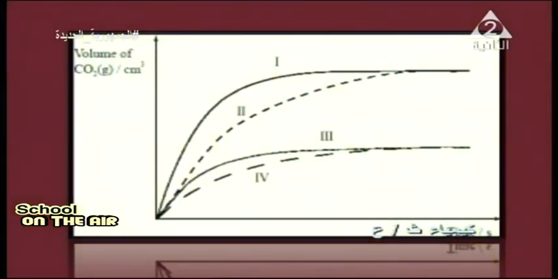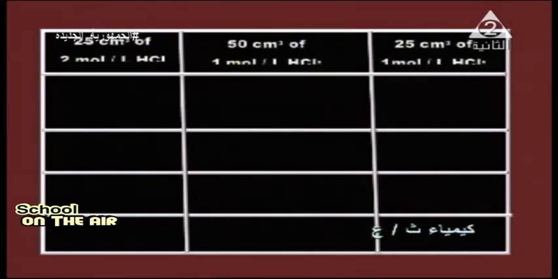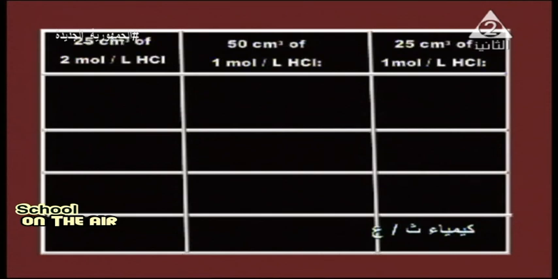Here, this is the graph of the carbon dioxide formed, and you have to look at the table below to choose which one will be correct. As shown in the table: 25 milliliters of 2 molar HCl, 50 cubic centimeters of 1 molar HCl, 25 cubic centimeters of 1 molar HCl.